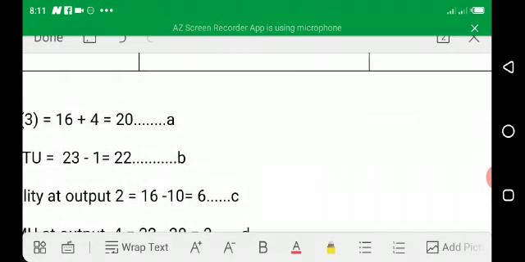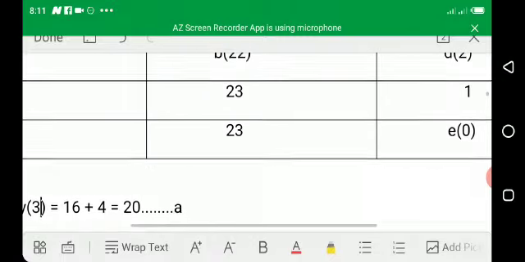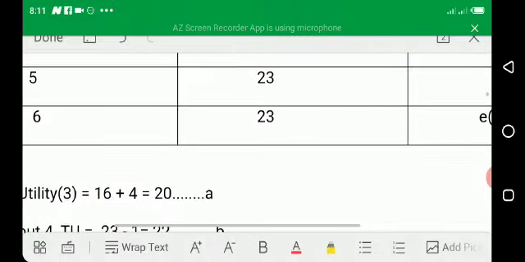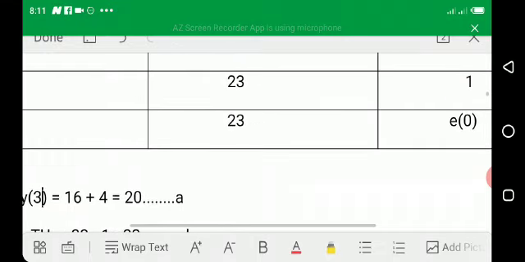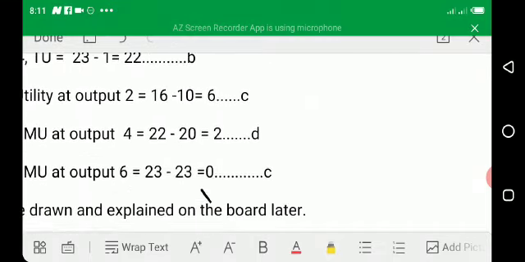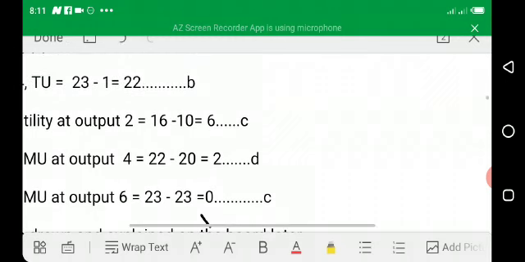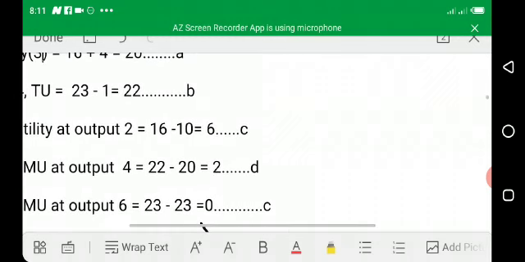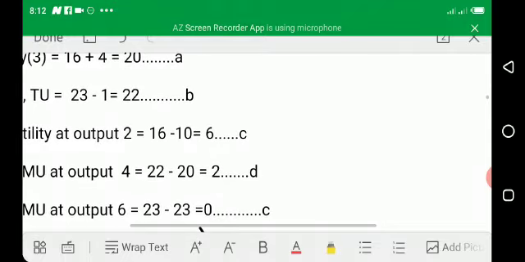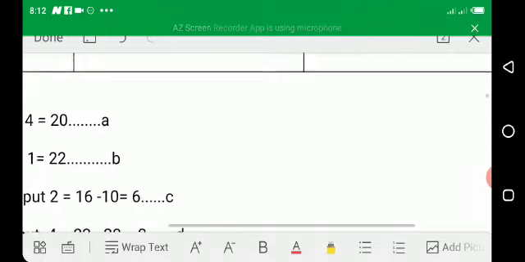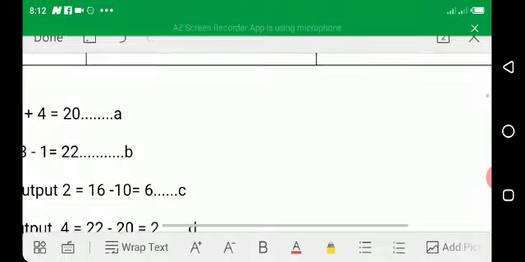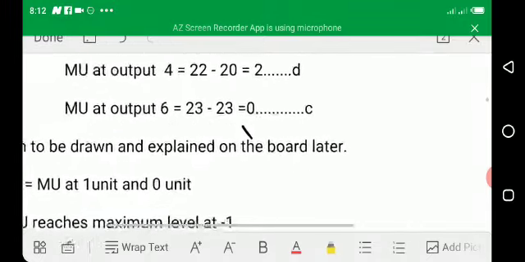So since the total utility at output 6 is 23 and that of output 5 is also 23, and we've said that the formula for finding marginal utility is the change in total utility all over change in the quantity consumed, marginal utility at output 6 will be total utility at 6 minus total utility at 5, which is 23 minus 23, and that will give us 0 as we have there in the table.